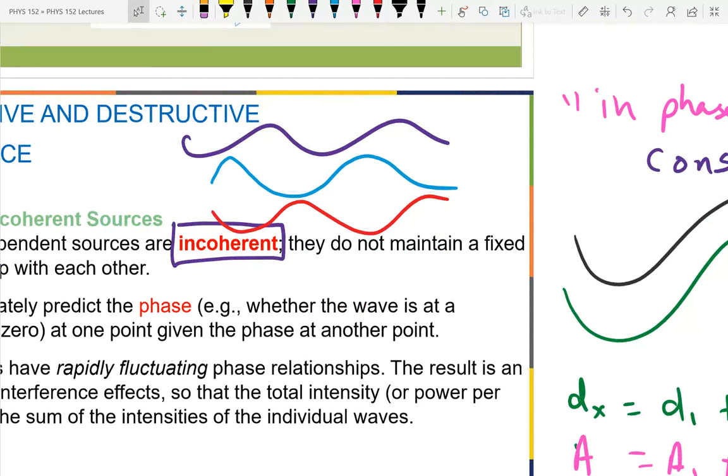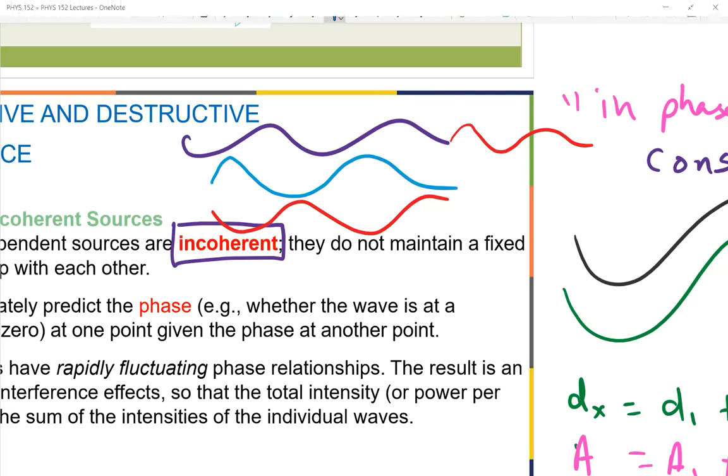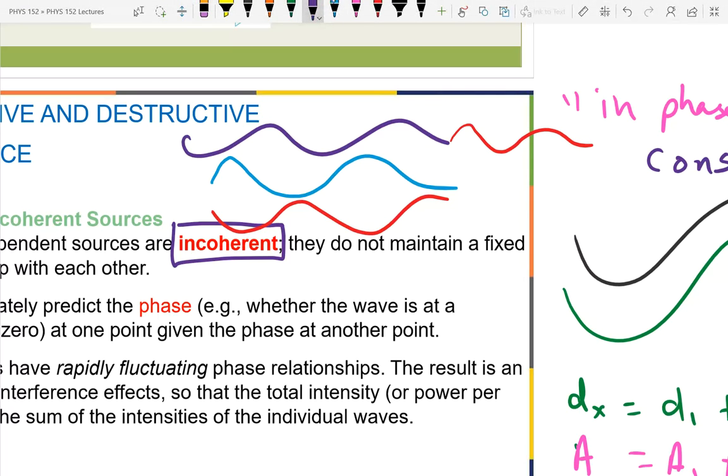Furthermore, I might have it suddenly shift. So the phases could shift. That would also be a hallmark of incoherent light.